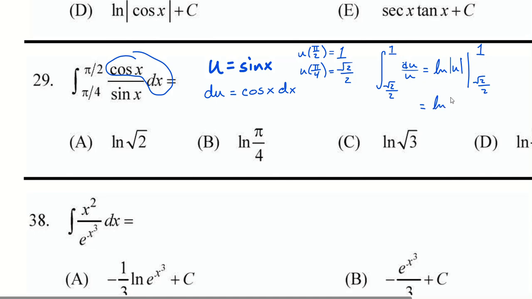So this becomes a natural log of 1 minus, and there's a bunch of different ways that we could write this. Whoa, not equals. Minus, sorry, eventually. The natural log of root 2 over 2. Okay, well, what do you want to do?